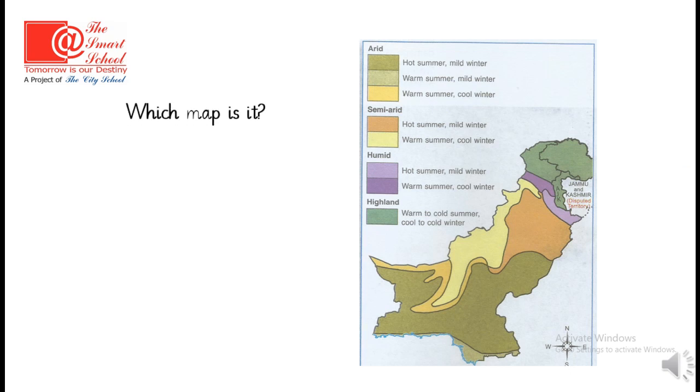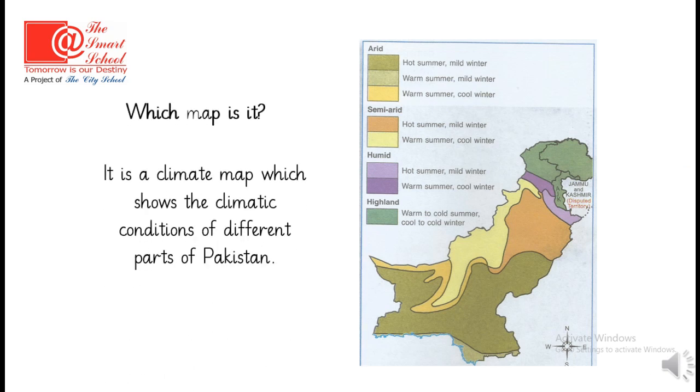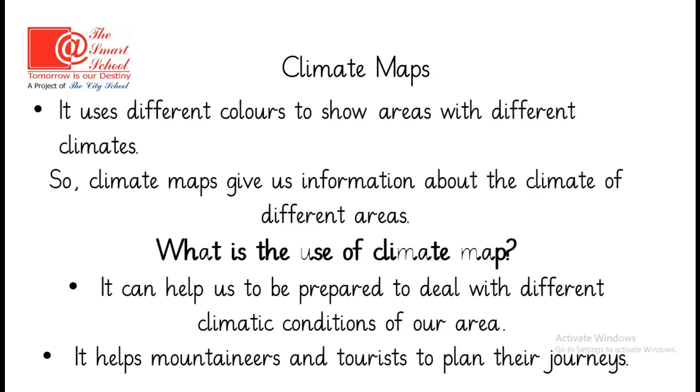So which map is it? It's a climate map which shows the climatic conditions of different parts of Pakistan. It uses different colors to show areas with different climates.